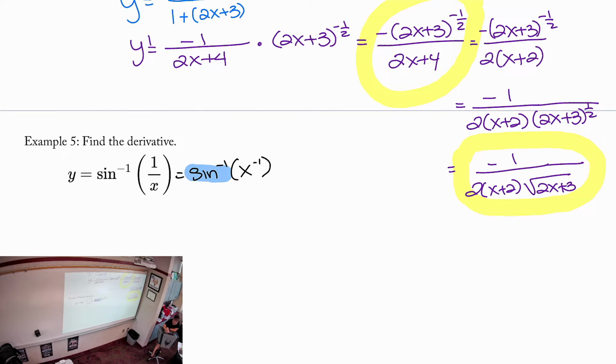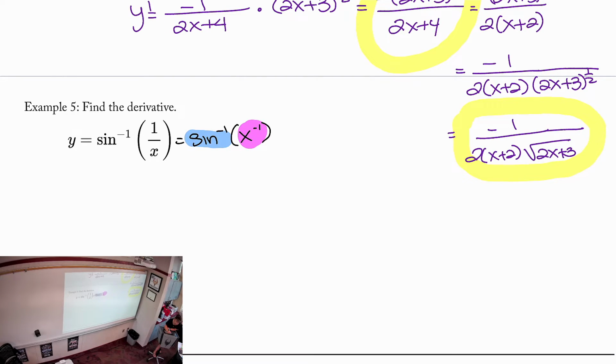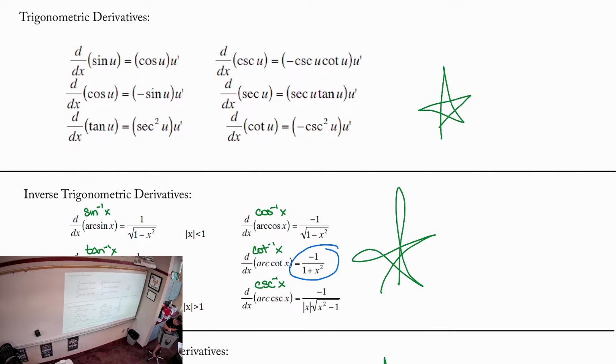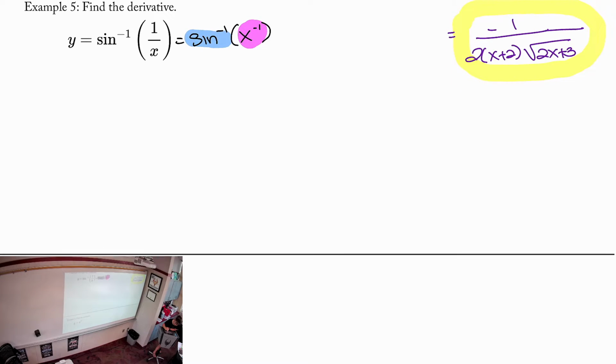Outside function, inside function. At least there's only two dots. And now our arcsine derivative is 1 over the square root of 1 minus x squared.